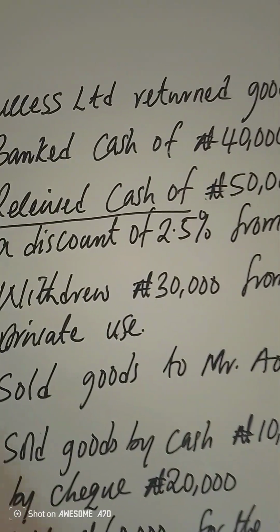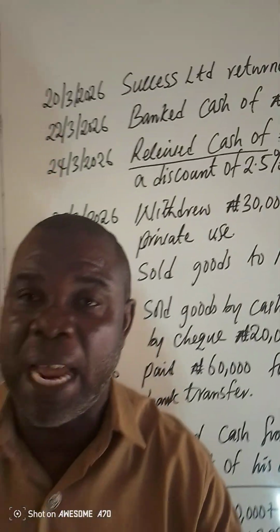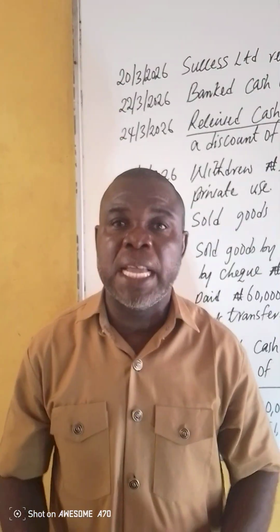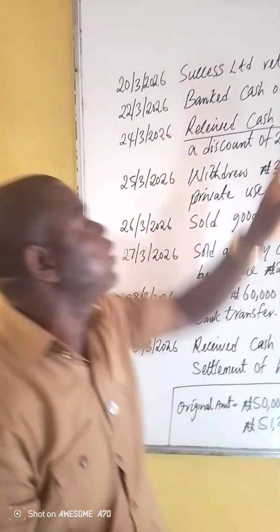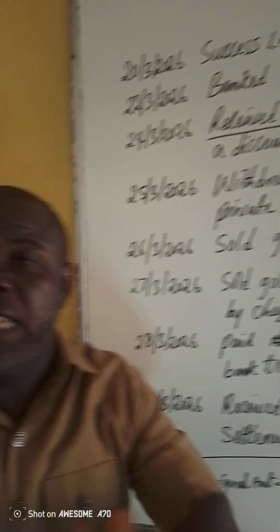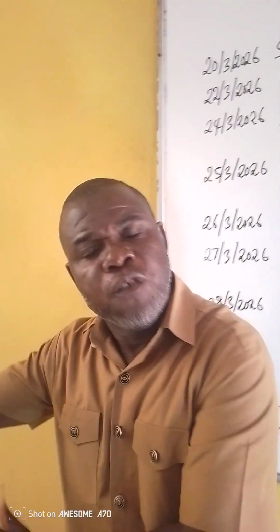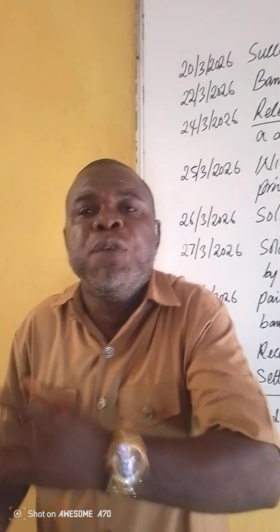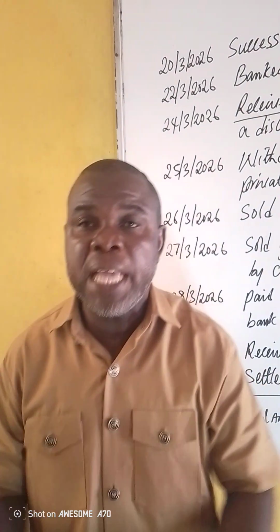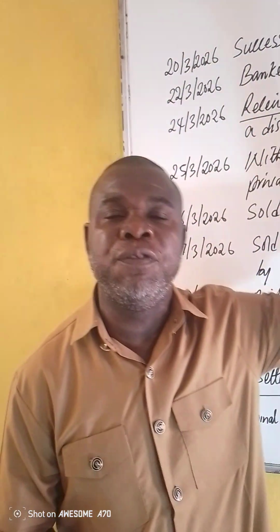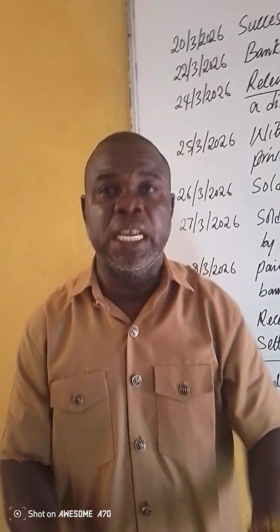Here, the word off is a preposition, and it is direct language saying the business is receiving cash of 50,000, meaning the discount was removed from the amount that was supposed to be received before receiving 50,000. So if you go ahead and divide the discount by 100, you will get it wrong.